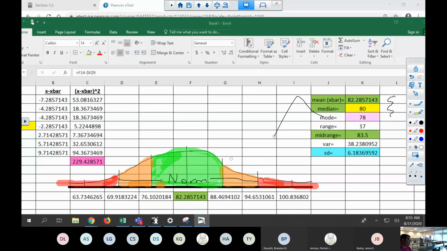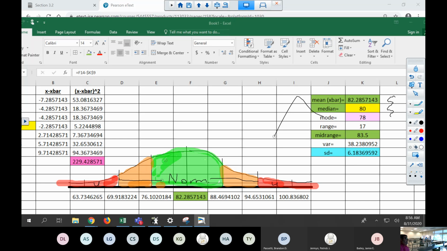What is between the second and third standard deviation? Put a big U here. U stands for unusual.